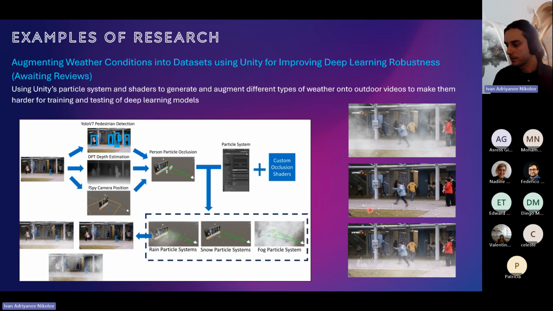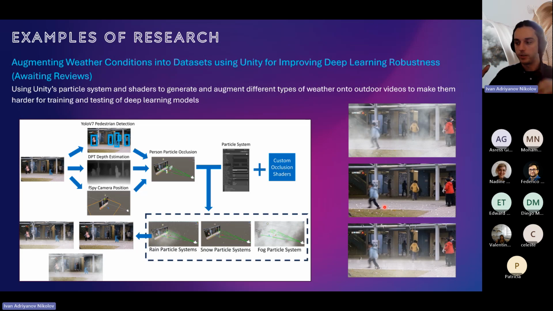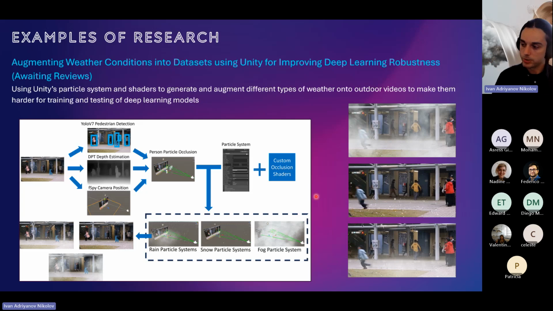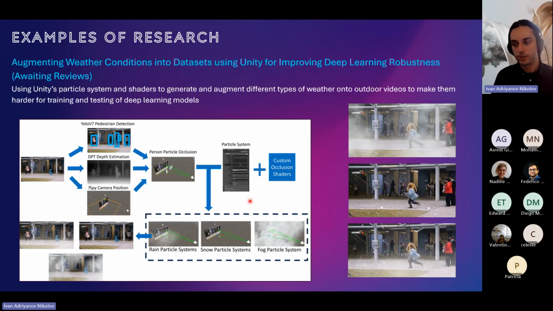So for example, here you can see the snowflakes that are touching the ground and kind of slowly getting more and more on the ground. So currently, we used Unreal again together with the built-in particle system and occlusion shaders to create this environment, together with some initial work using YOLO v7 and DPT for depth estimation.